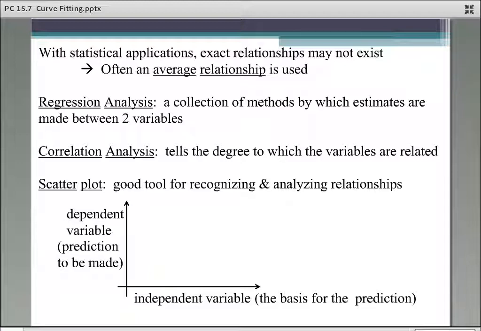So the independent variable is the variable that goes on the horizontal or x-axis, and it's your basis for your prediction. The dependent variable depends on the independent variable, and it's your prediction that you want to make.